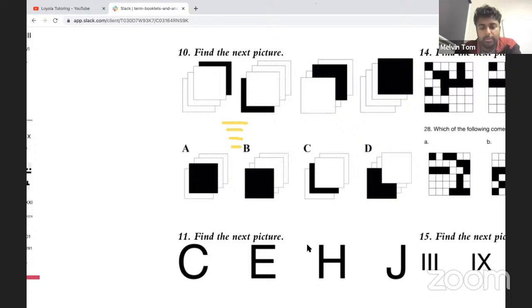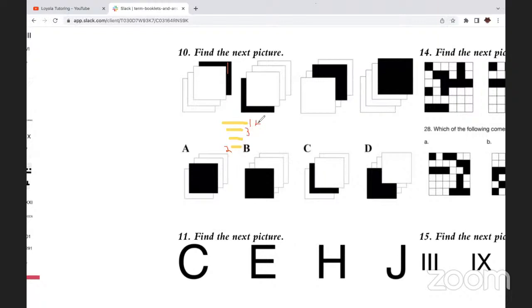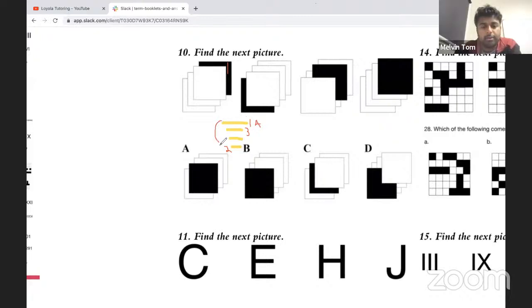Now, out of these 4 possible locations, in the first image, 1 is at the very top. 2 is at the very bottom. 3 is at the second top. And 4 is at the very top. From 1 to 2, it jumps down just 1 move.